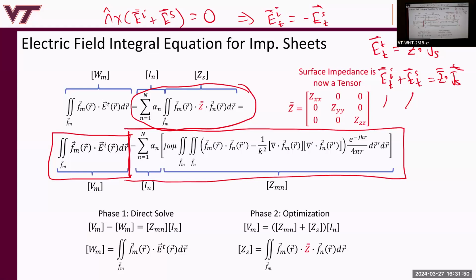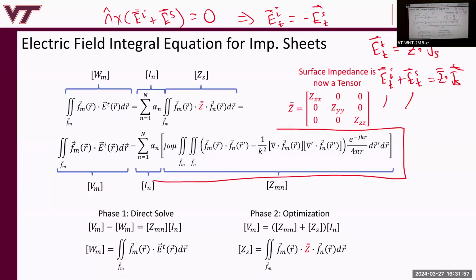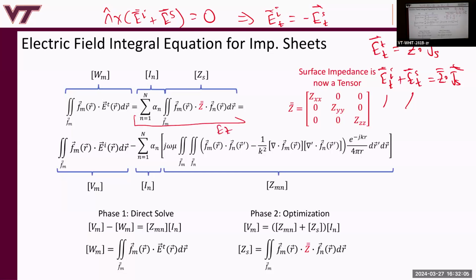So now what we're showing is, if you read this in terms of the field components, this is E total. E total equals E incident plus E scattered. And those terms are the ways to calculate those field quantities, right?